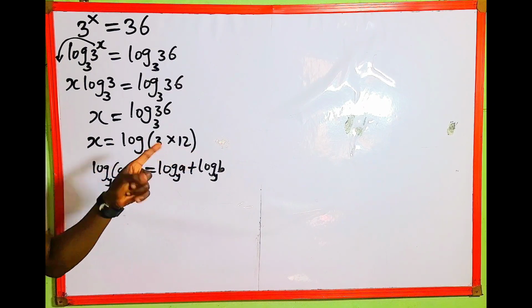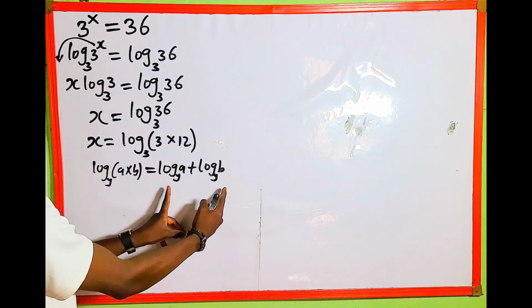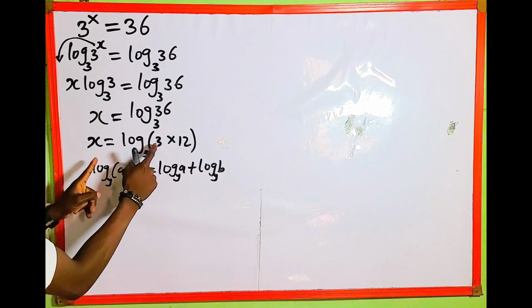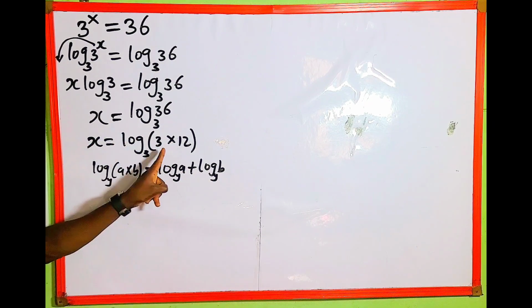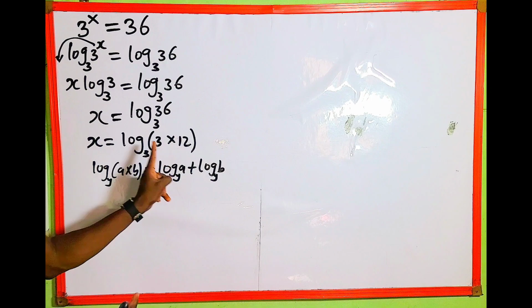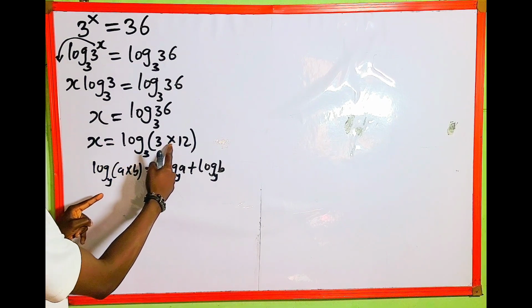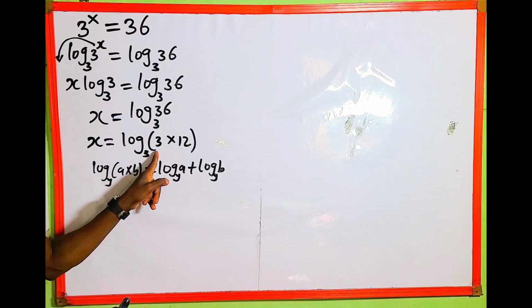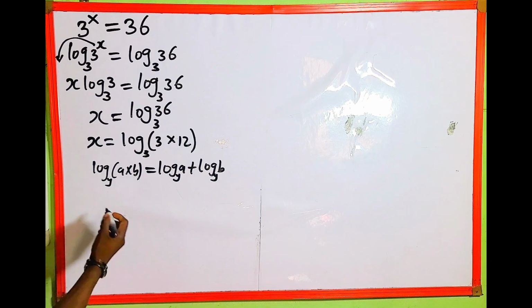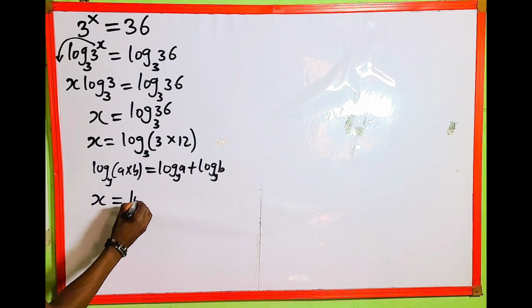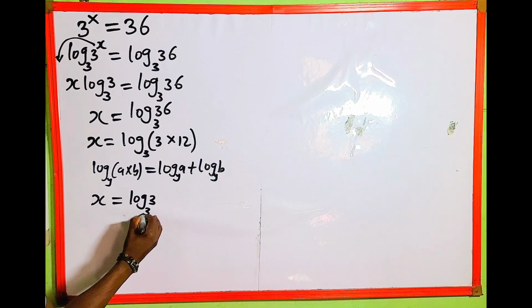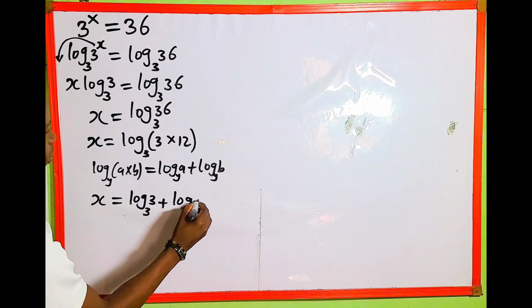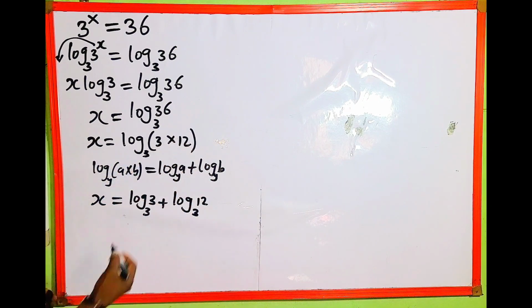So what do we do? We need to transform this into this form: log 3 to base 3, and this multiplication is going to change to plus, then we have plus log 12 to the base of 3. So applying this property, we are going to have x equal to log of 3 to the base of 3 plus log of 12 to the base of 3.